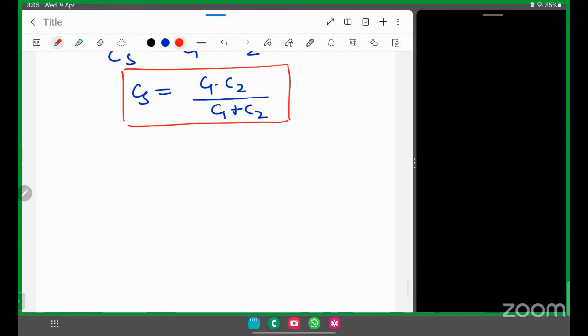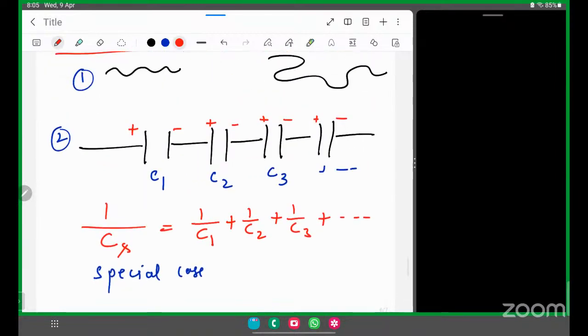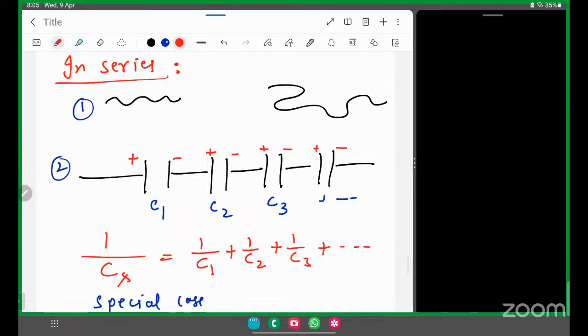Another point about series combination is that there will be same amount of charge on the plates in series combination. So in series combination, Q will be same, but V will be different for different capacitor. So this capacitor will have potential V1, this capacitor will have potential V2 and so on.